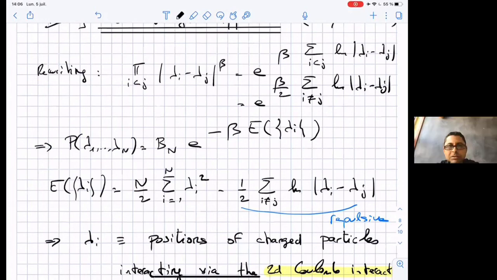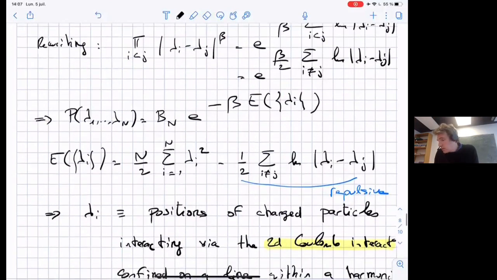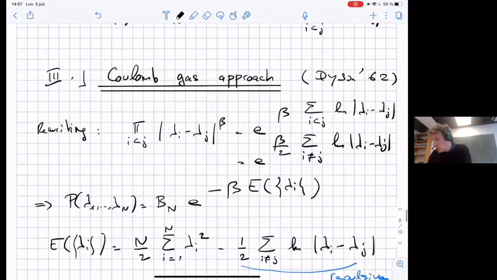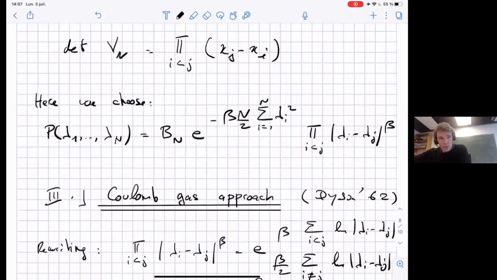Yes, it's true. If you can order them, the ordering is not... There is this question, maybe it's interesting to answer it already. Raoul says, I guess the form of p of lambda is for lambda i's that are not ordered. What is the form if they are ordered? Well, basically you just have 1 over factorial n in between. It's important to notice that the joint distribution, which you can read here, is completely invariant under permutations of the lambda i's.